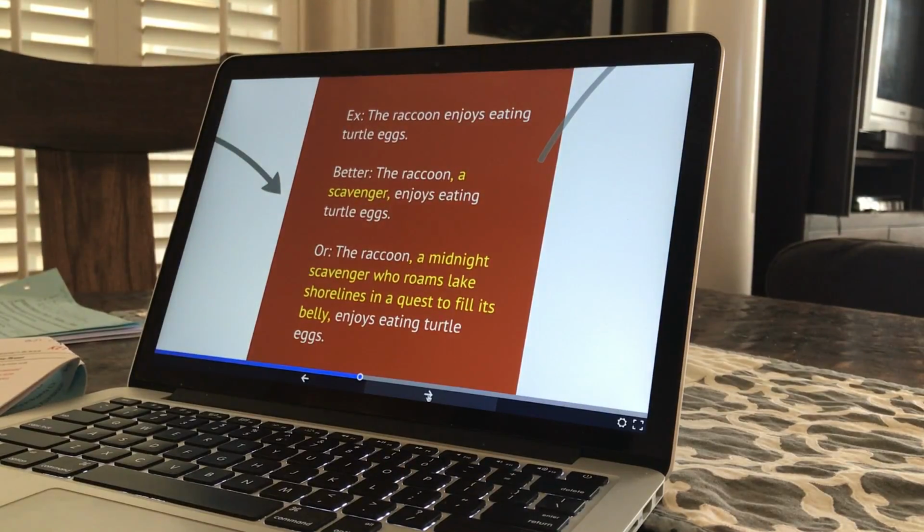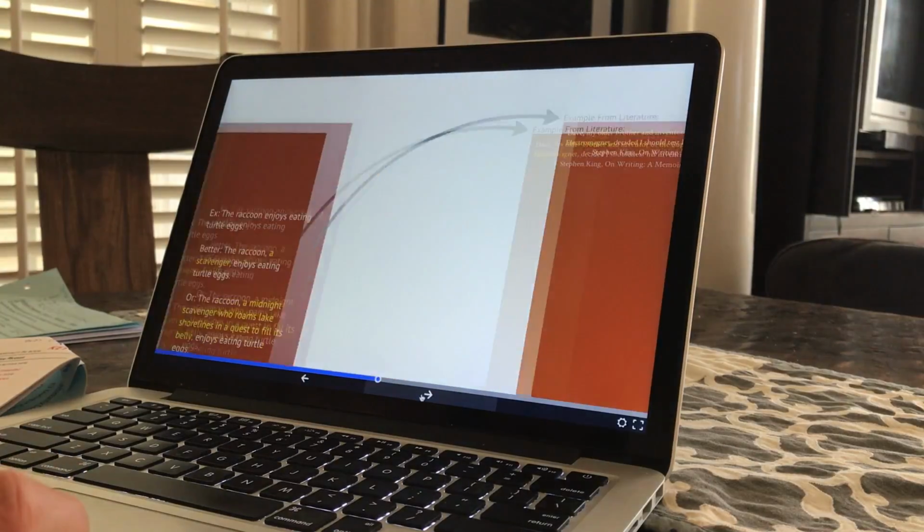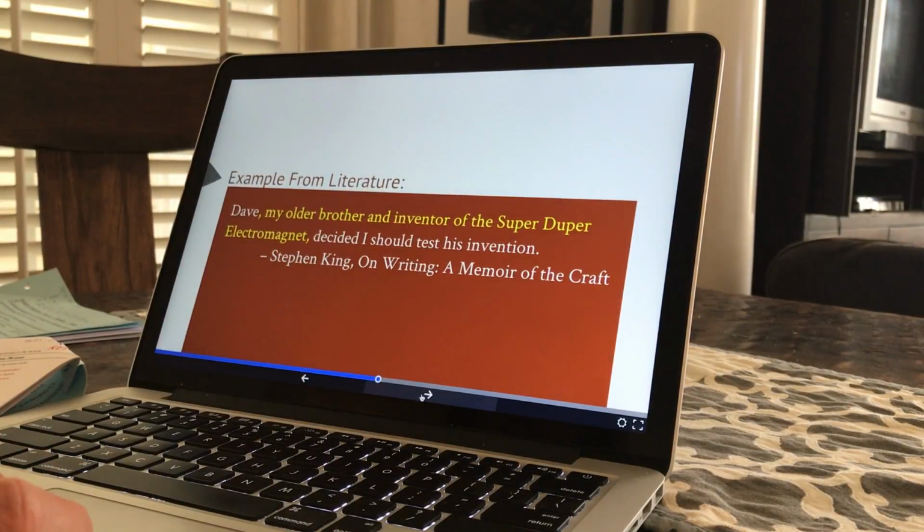Instead of saying the raccoon, who is a scavenger, enjoys eating turtle eggs, you just take out the who. You have an invisible one. Or down here, the raccoon, a midnight scavenger who roams lake shorelines in a quest to fill its belly, enjoys eating turtle eggs. So pretty easy. Here's an example from literature. Dave, my older brother, an inventor of the super duper electromagnet, decided that I should test his invention.